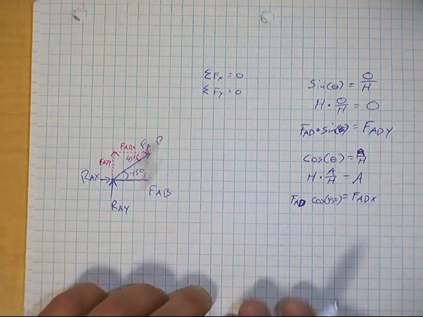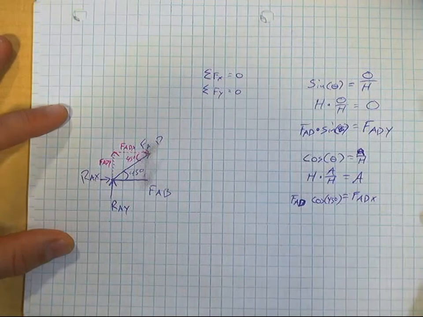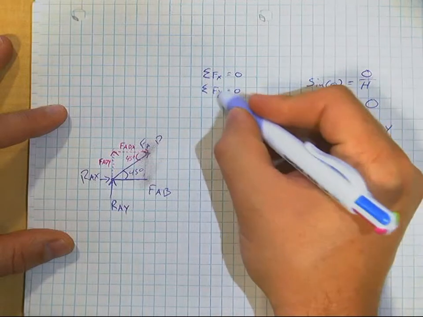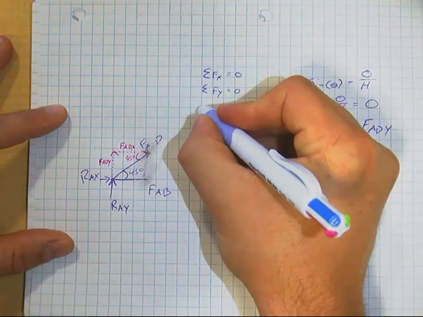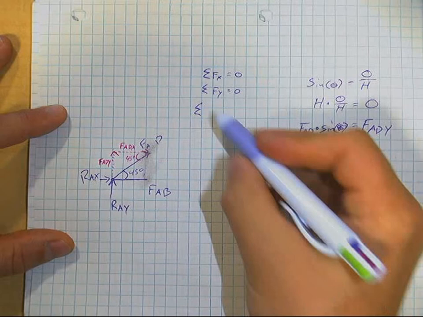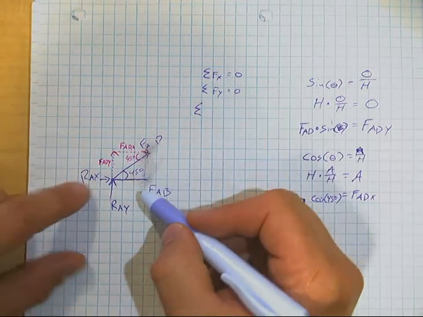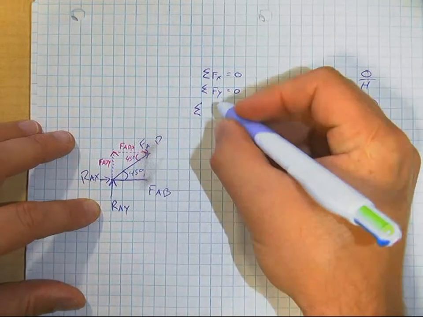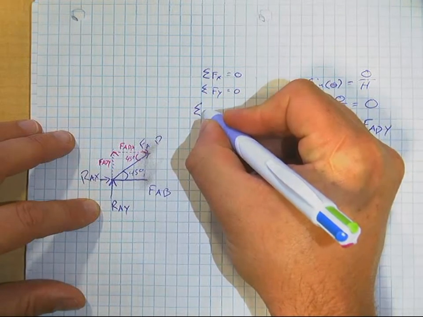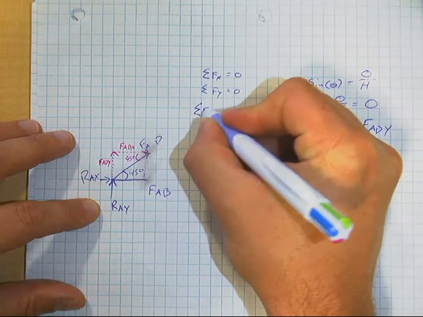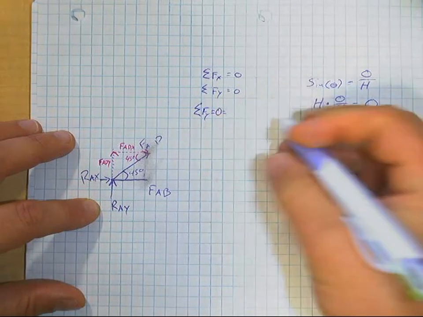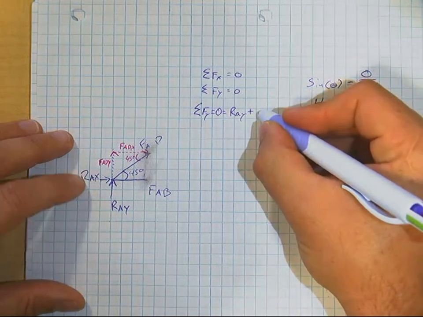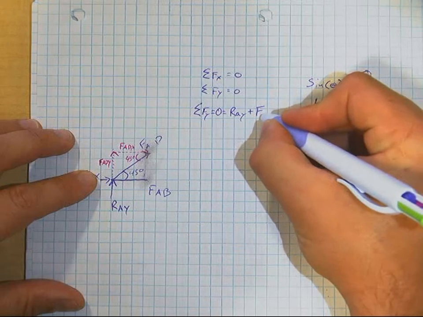All right. Let's go ahead and write our first equation. We're going to start with the sum of the forces in the y direction. We have two forces in the y direction: RAY and FADY. The sum equals 0, which equals RAY plus FADY.